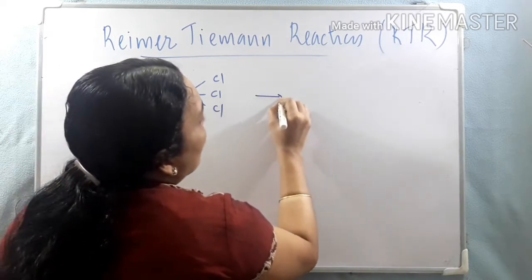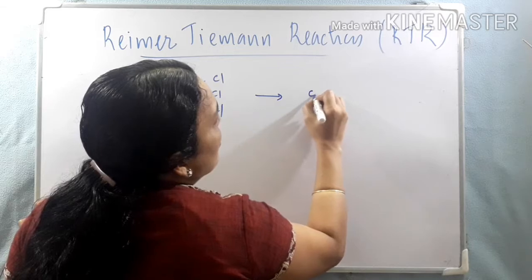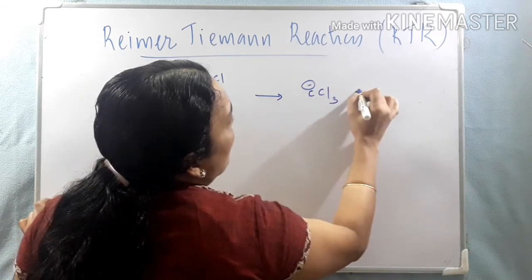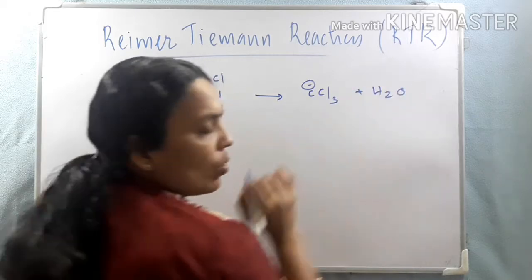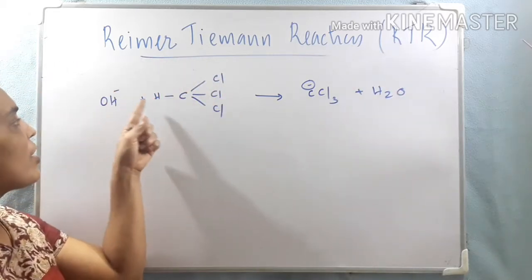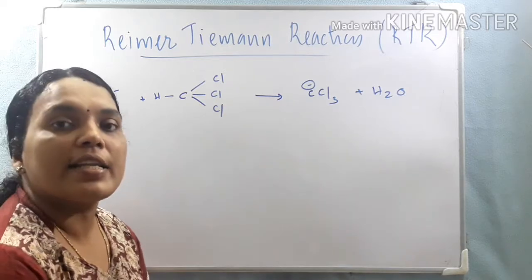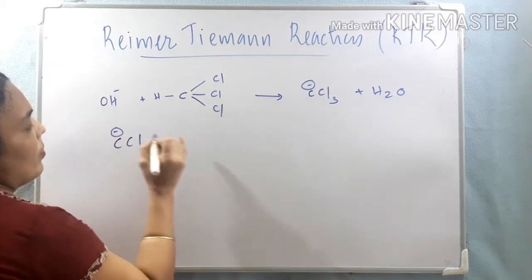So we have CCl3 minus plus H2O. It releases H plus ion forming H2O, and the remaining part is CCl3 minus.